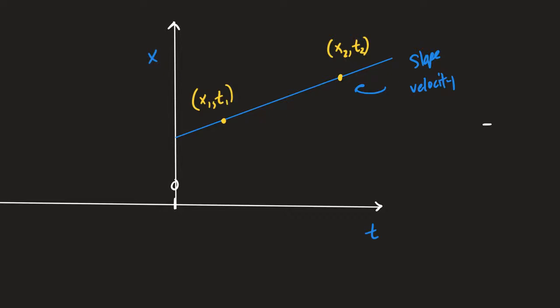So this slope will be x2 minus x1 over t2 minus t1. That's how you would find slope if you use the point-to-point formula.